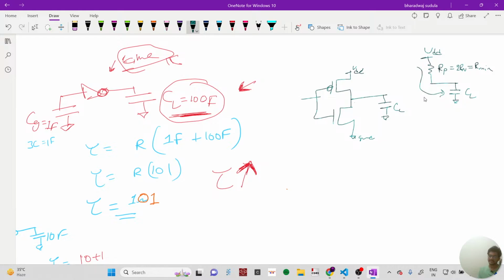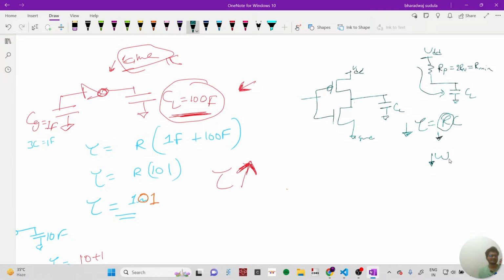Electrically, this RC time constant can be reduced if the resistance is very low. If you reduce the resistance, the delay will reduce. To reduce the resistance, I need to increase the width of the device.